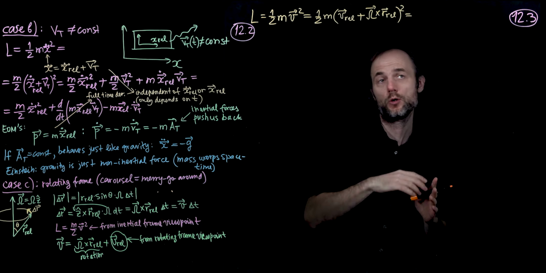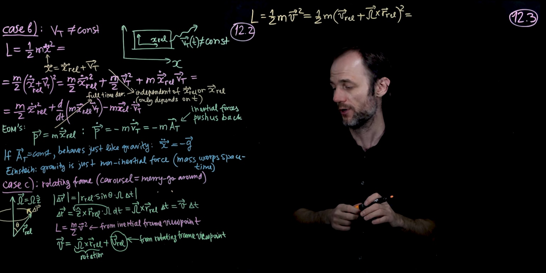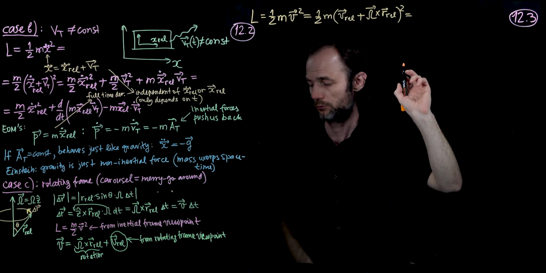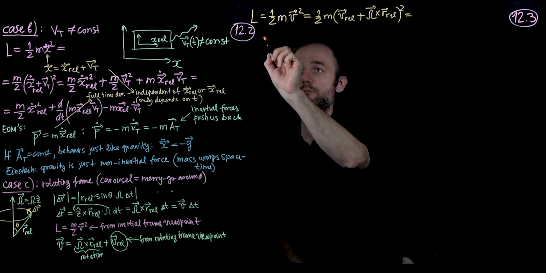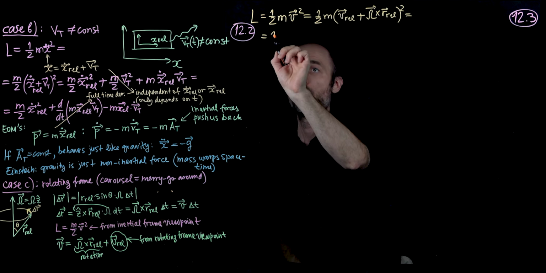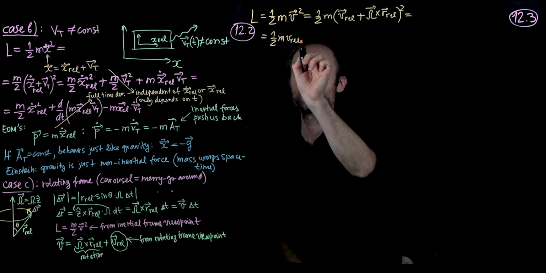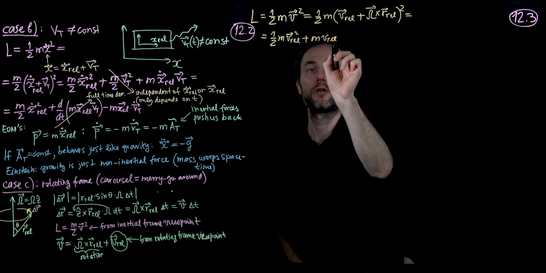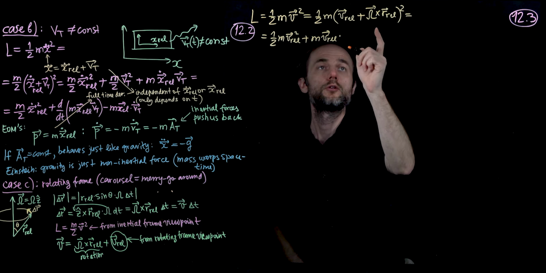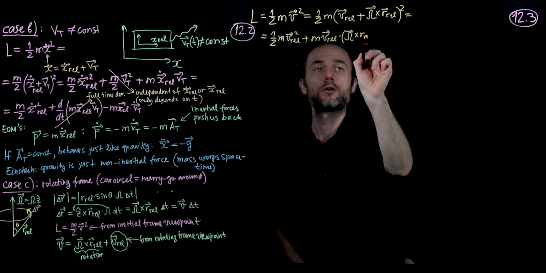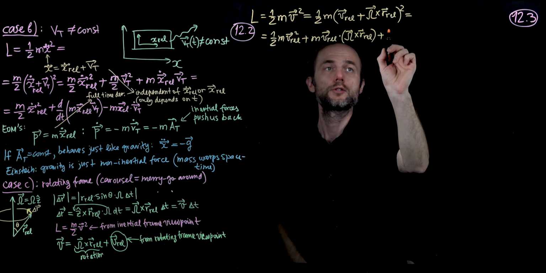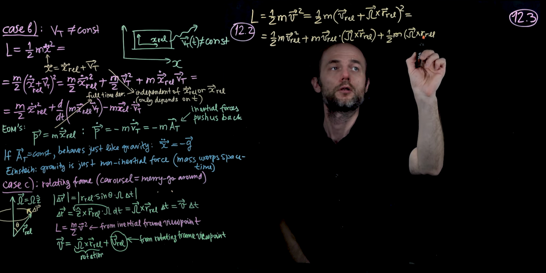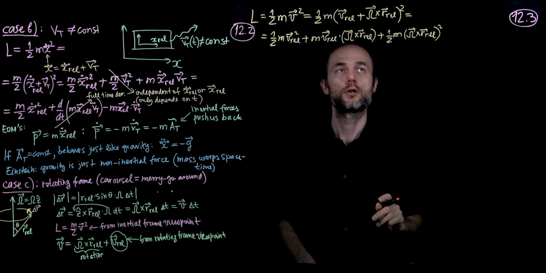So now we can expand all of that, and what we're going to find is that it is equal to one half m v_rel squared plus m v_rel dot omega cross r_rel plus 1/2 m (omega cross r_rel) squared.